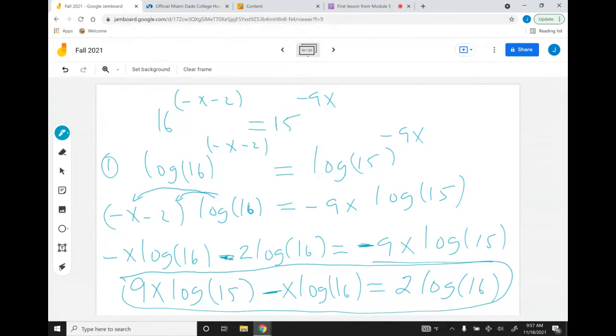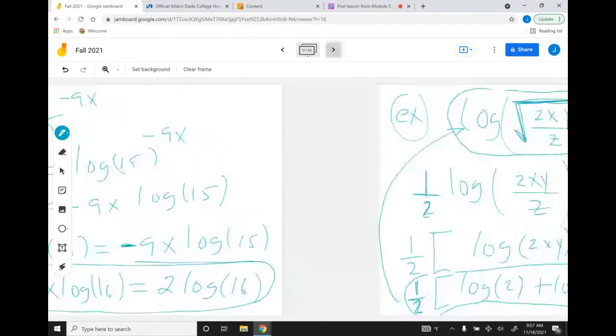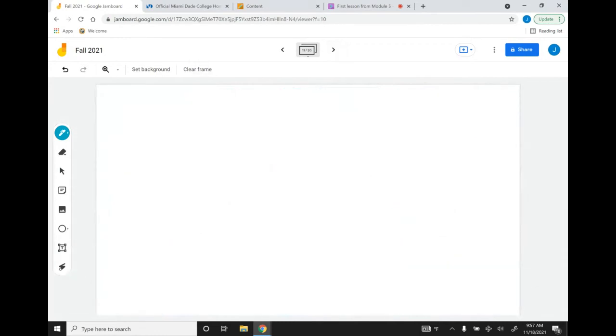Okay, here's the other frame. I'm going to write it again. 9x log of 15 minus x log of 16 equals 2 log of 16.